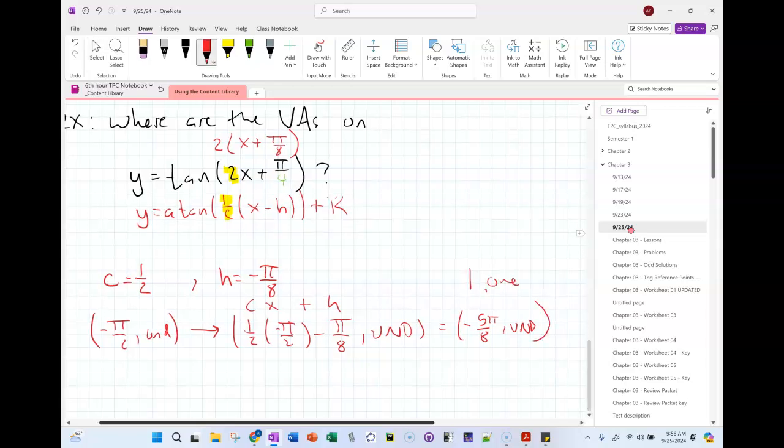So this is the location for one vertical asymptote, right? Where is the next vertical asymptote going to occur? It's either going to be one period before or one period after that one. Everybody's okay with that idea?